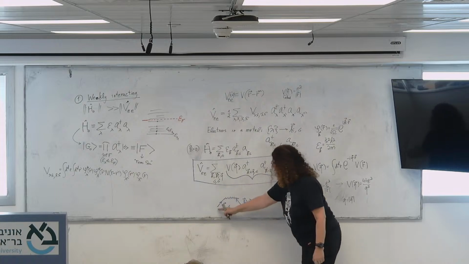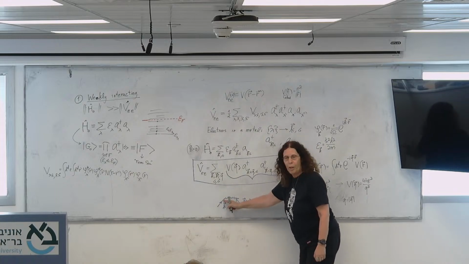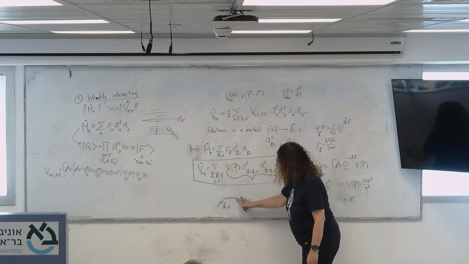So again, there is an incoming particle with momentum k, an incoming particle with momentum k prime.